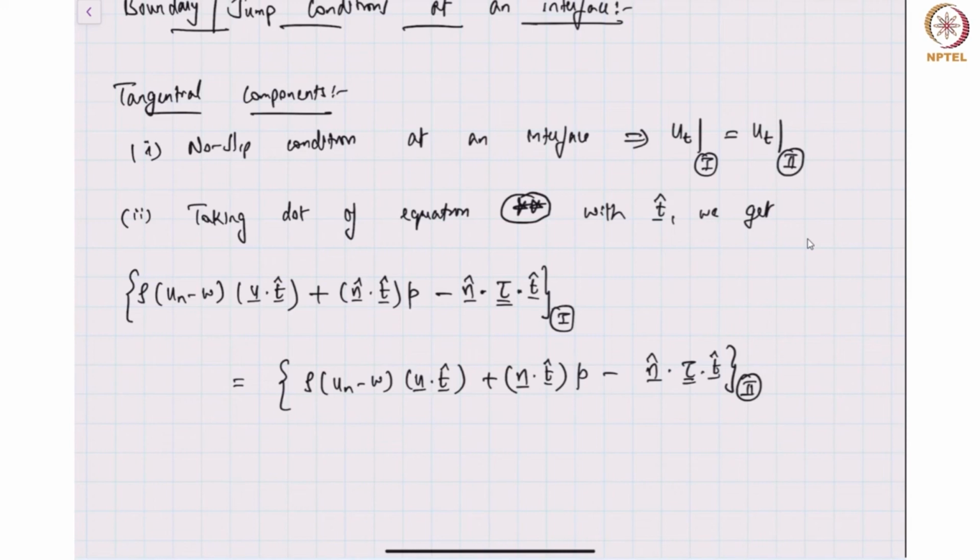But I've already defined the tangent component of the velocity as u dot t, so this can be replaced with ut. Further, note that n dot t is always 0. They're orthogonal to each other.